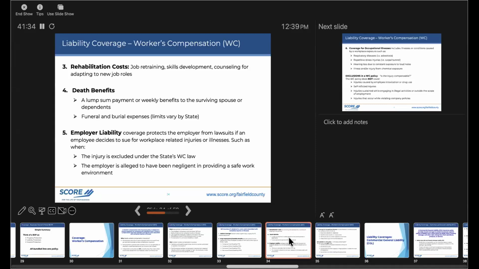Employer liability protects the employer from lawsuits if an employee decides to sue and the injury is excluded under workers' comp law, or the employer is alleged to have been negligent in providing a safe work environment. So understand that these workers' compensation benefits are not going to get you on a luxury cruise in the Bahamas kind of thing. They are basic, meet-the-needs kind of benefits.